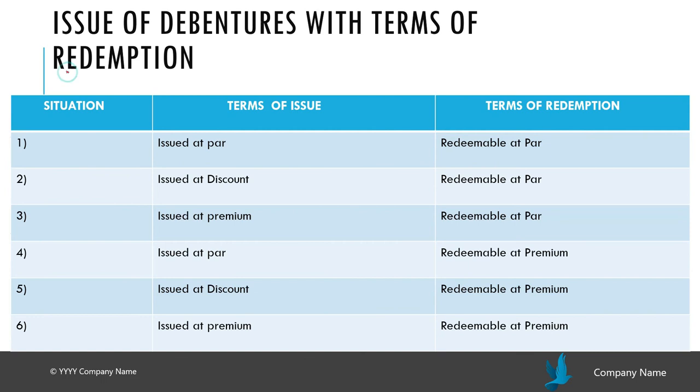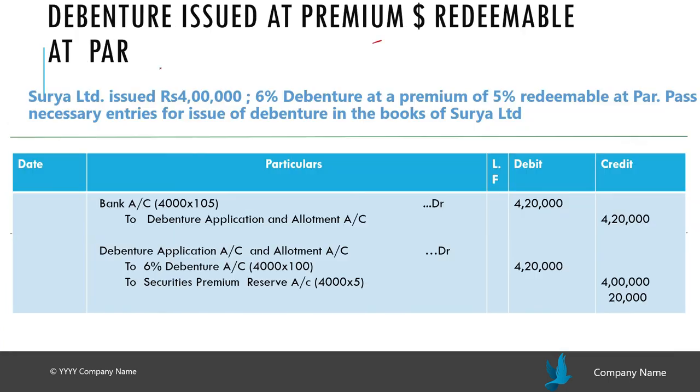As we have done the first and second situations, let's discuss the sum related to the third situation, where the issue is done at premium and redemption is done at par. Here you can see that issue has been done at premium but redemption at par.